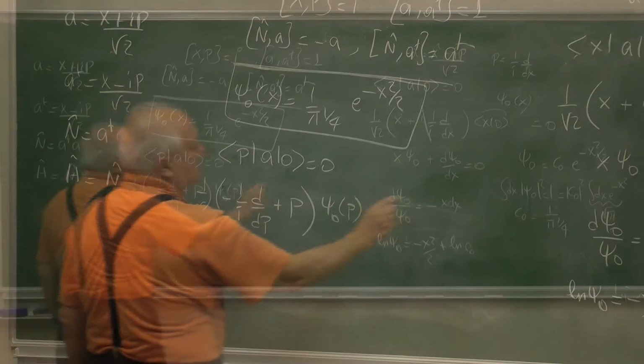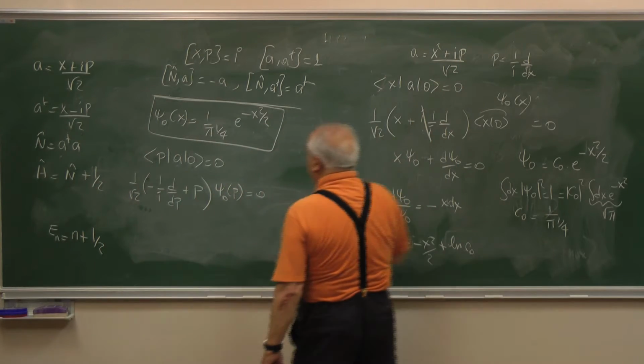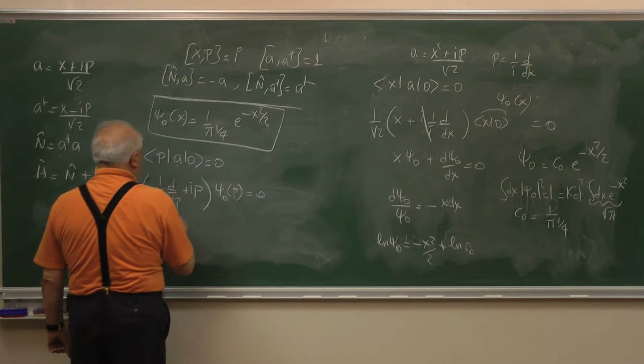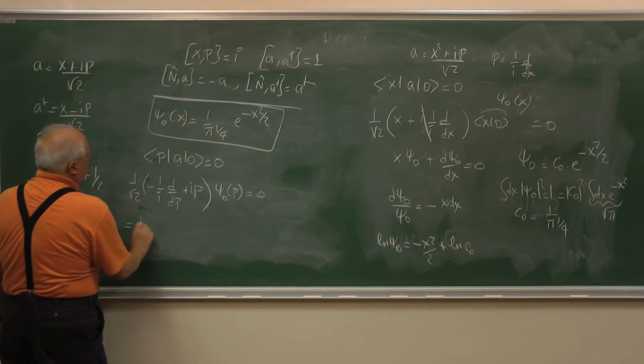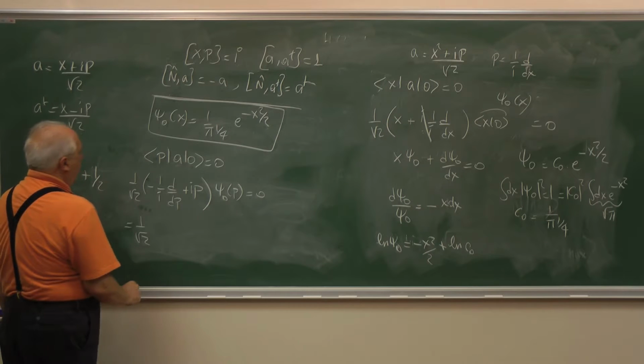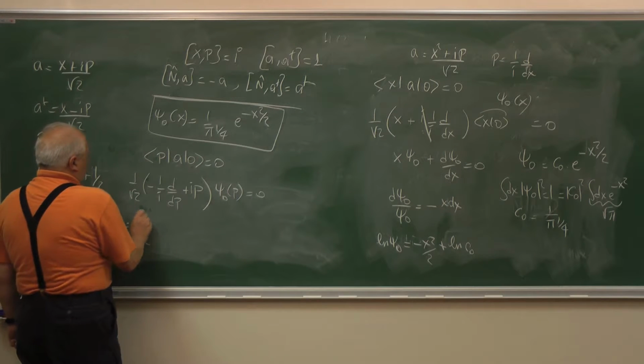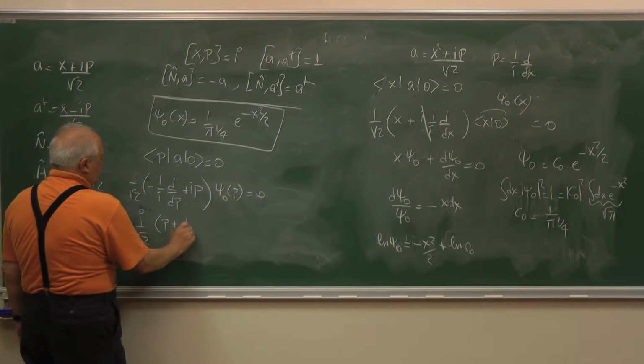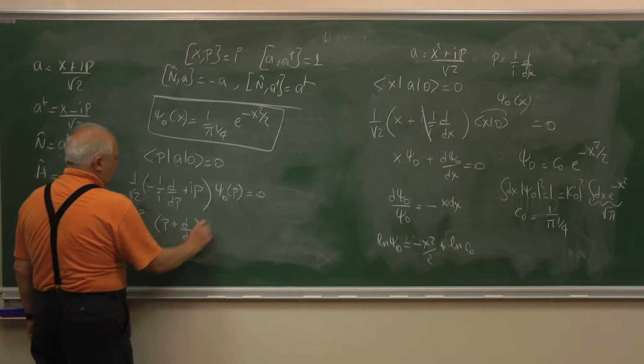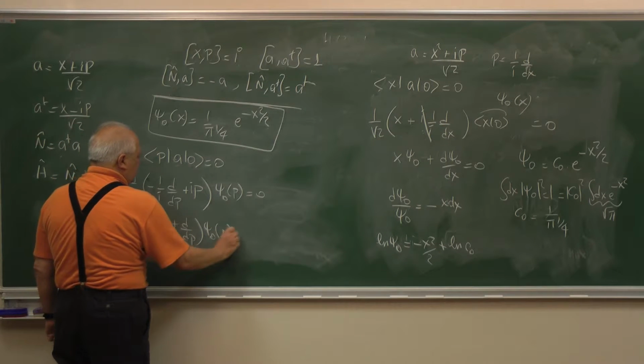Plus i times, here there's an i times p. So it is 1 over root 2 times i p plus d by dp, psi 0 of p is equal to 0.